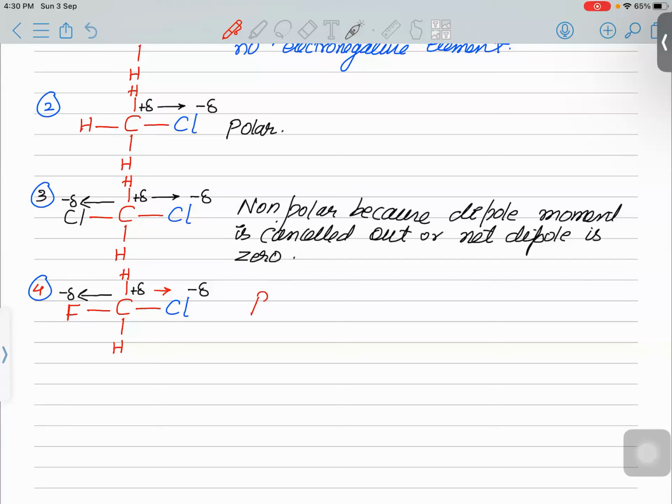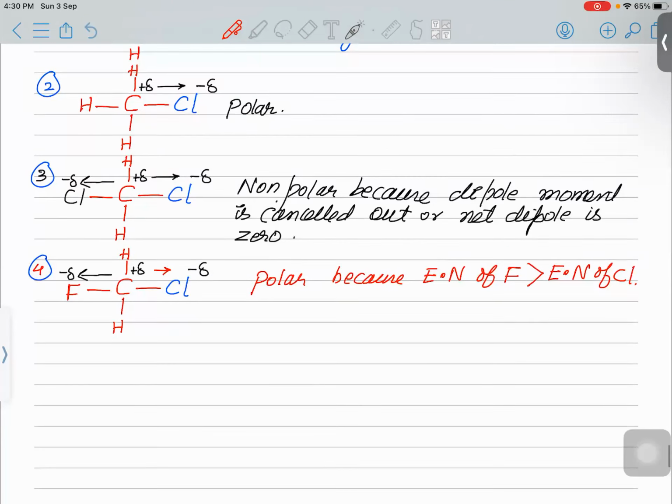So it is polar, because the electronegativity of fluorine is greater than the electronegativity of chlorine.